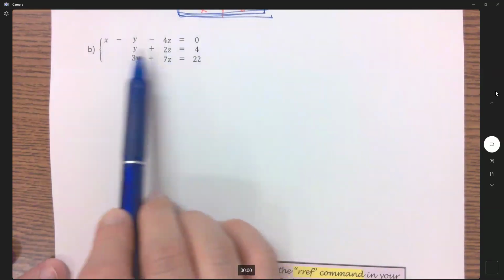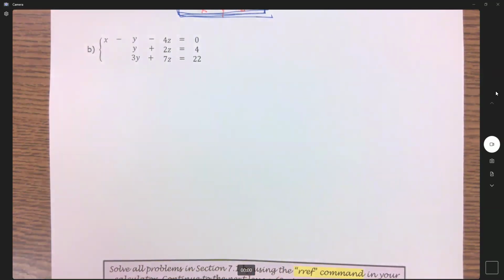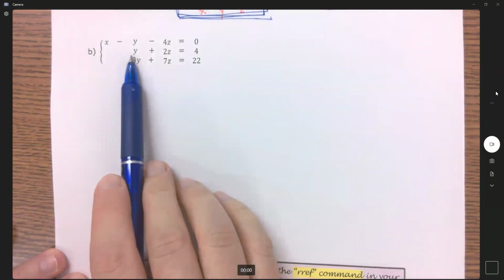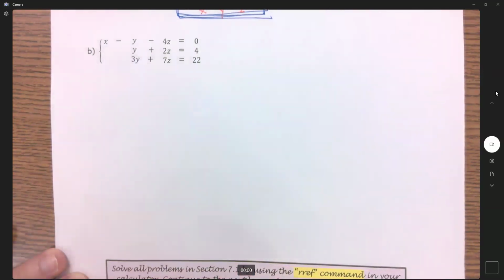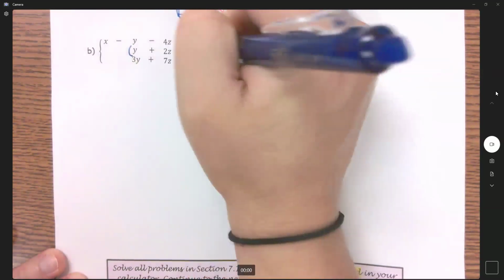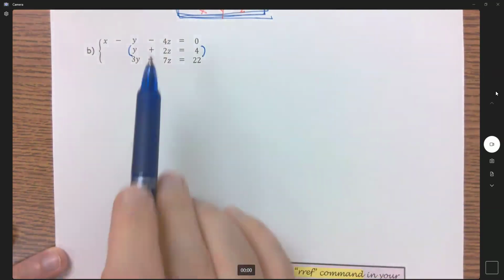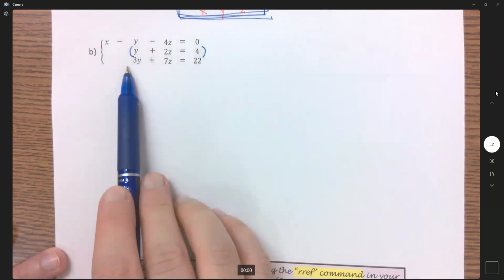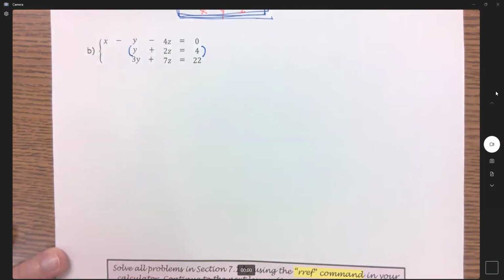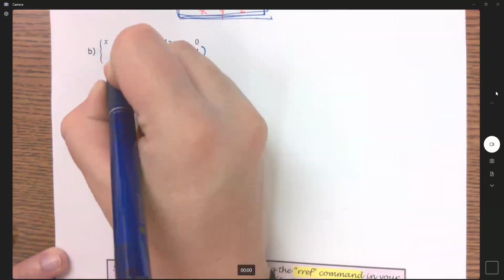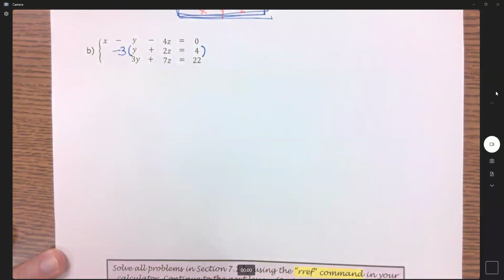So looking at my two bottom equations, you can eliminate either y or z. Now, because this first y has a 1y, y is going to be the easiest thing to cancel. So what would I need to multiply this equation by to get it to eliminate my y's in that second equation? And that's -3.